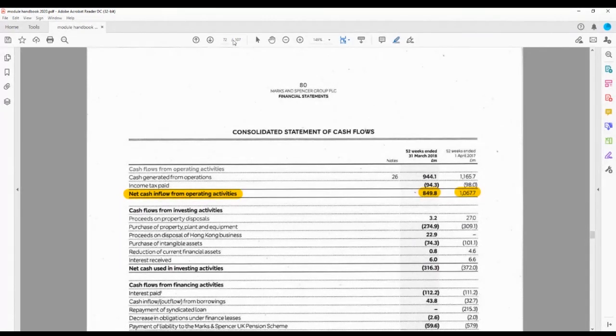Slightly different wordings, but essentially is the net cash from operations or net cash from operating activities. And this is the figure which we need for our ratio. So we got both of the figures. We can go to Excel and calculate the ratio.